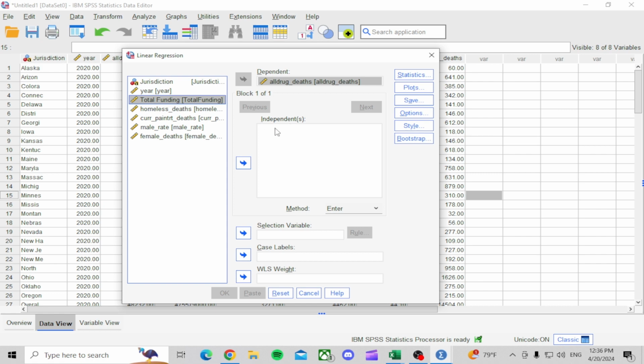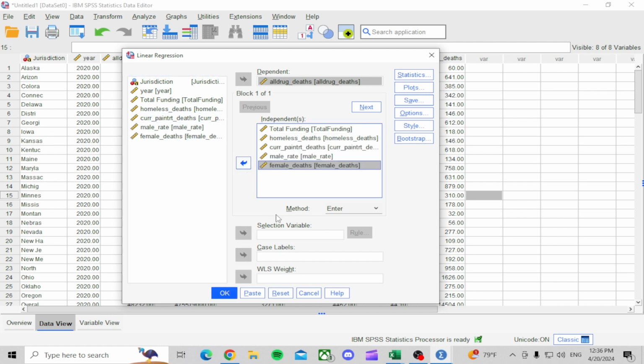And then your independent variables are going to be your total funding, your homeless, your on current painkillers, your males, your females, all that good stuff. So your Y variable goes in the dependent, your X variables go in your independents.